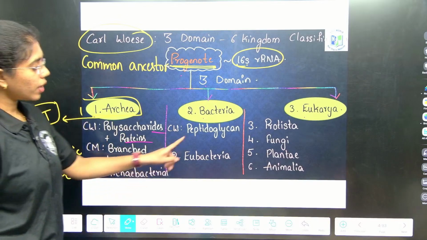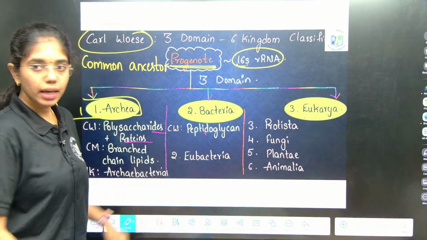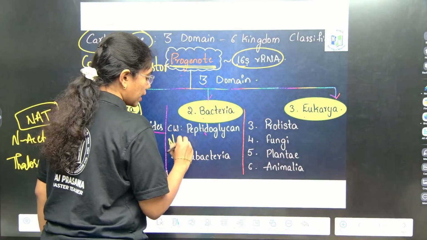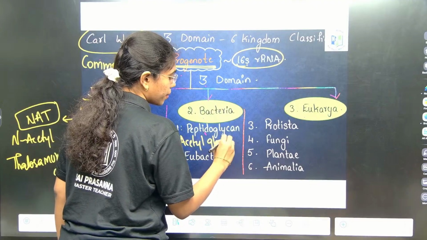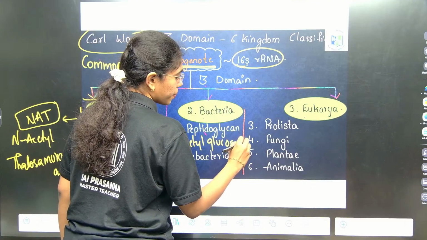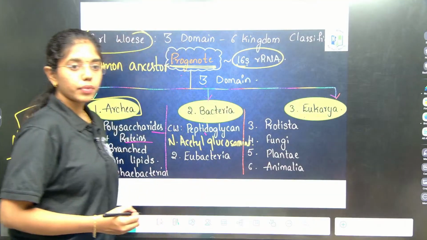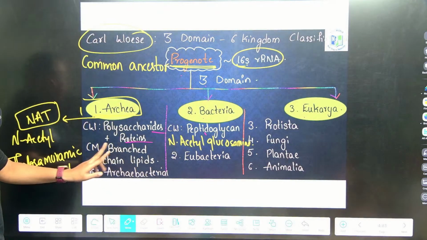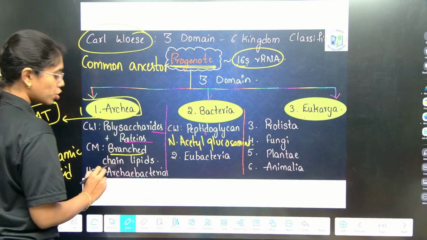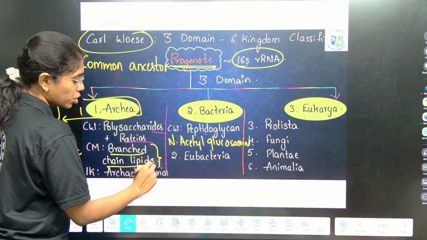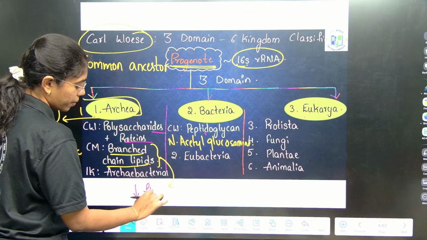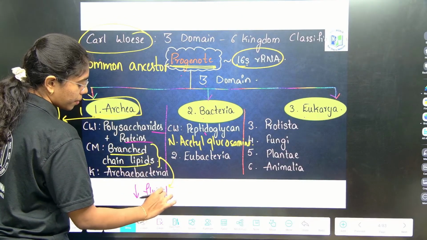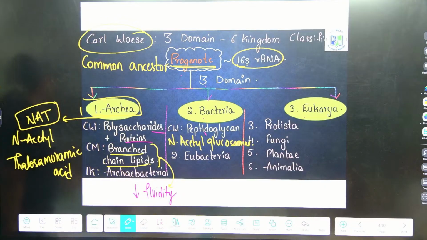Okay. Whereas here cell wall is peptidoglycan, it has NAG units, N-acetyl glucosamine. Got it? And here the cell membrane is having branched chain lipids. These branched chain lipids will decrease the fluidity in the cell membrane.